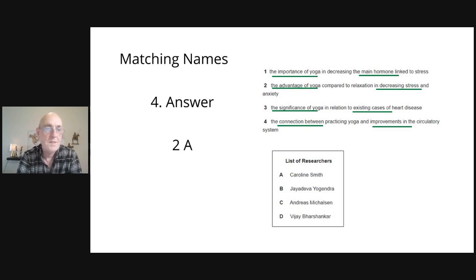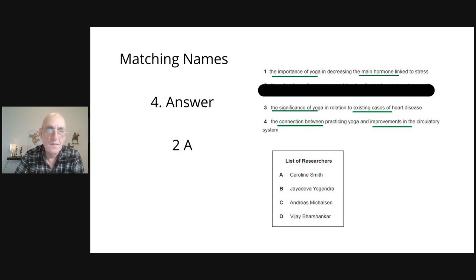And we discover that Caroline Smith is matched with number 2, the advantage of yoga in decreasing stress. Because when we looked at the passage, we saw that she was closely connected with decreasing stress.